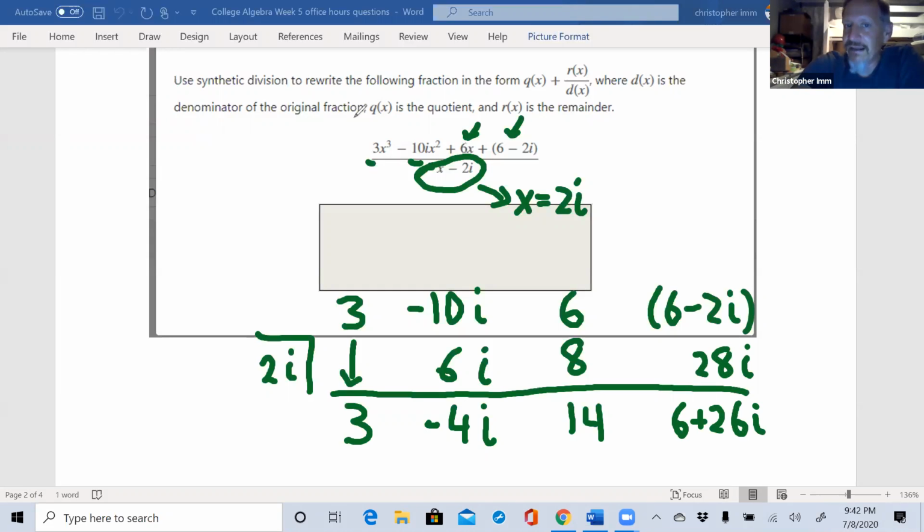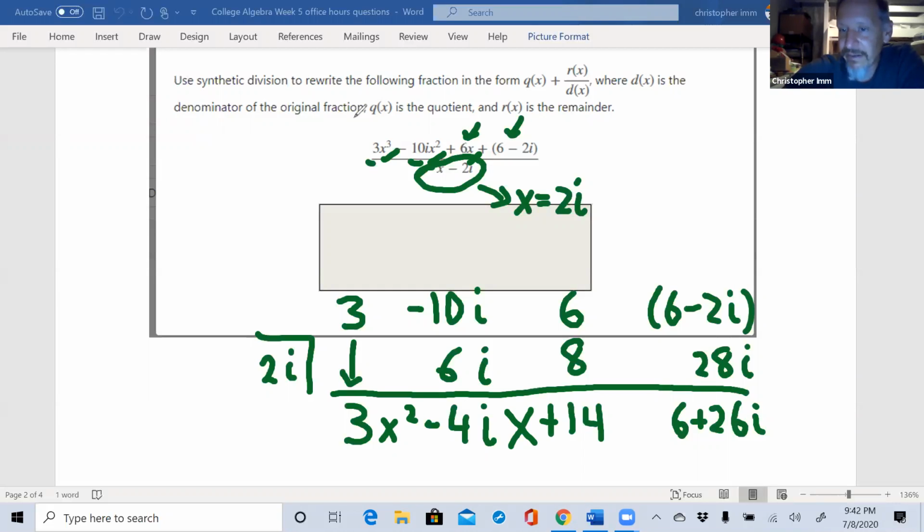So when I divide this polynomial by the factor x minus 2i, the coefficients that come down here are actually going to be 1 degree less than the ones up here. So instead of an x cubed, this is an x squared. Instead of an x squared, this is going to be an x. Instead of an x, this is just going to be plus 14.